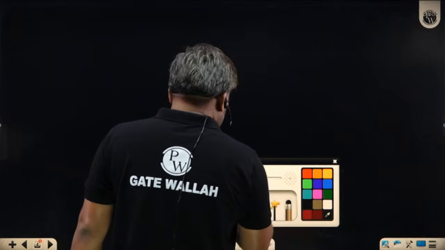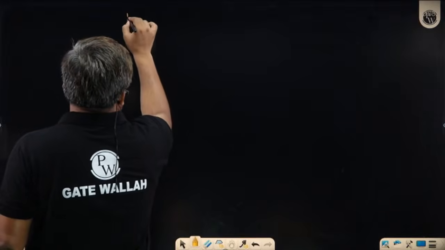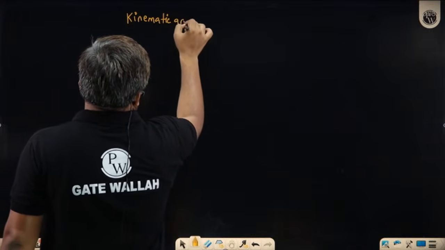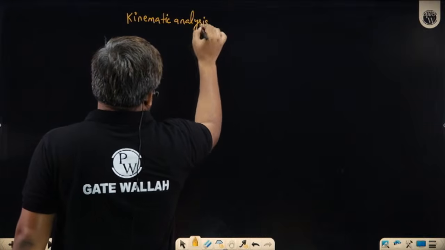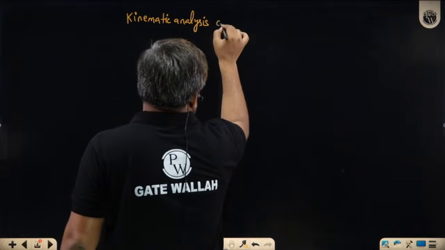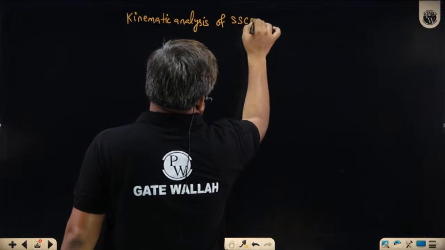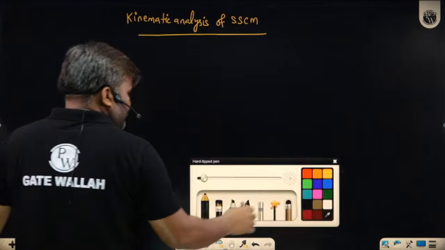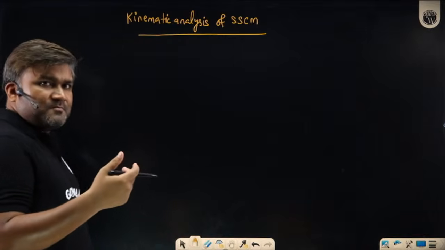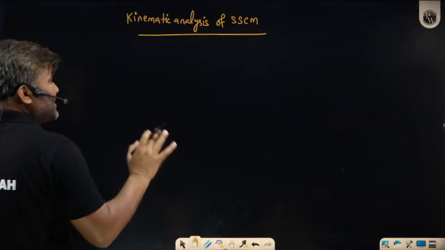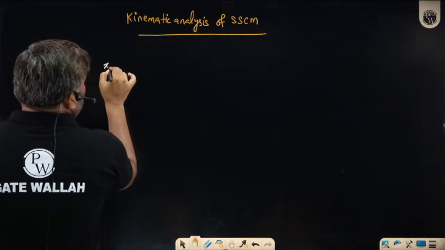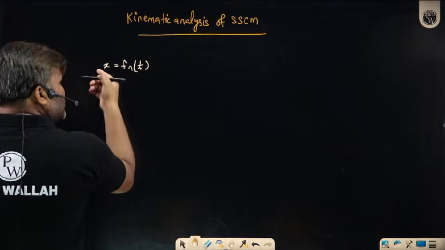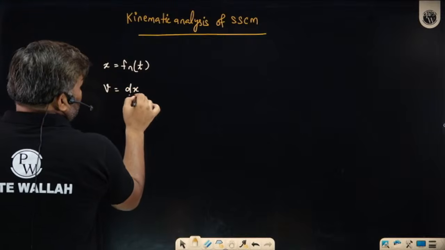First, let's talk about kinematic analysis. And when I say kinematic analysis of single slider crank mechanism, what is the meaning of this? Sir, kinematic analysis का simple सा फंडा is that if we are talking about something which is having translation, your aim is to find x as a function of time t, and once you have x as a function of time t, then velocity is dx by dt.